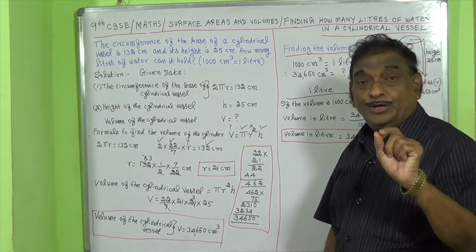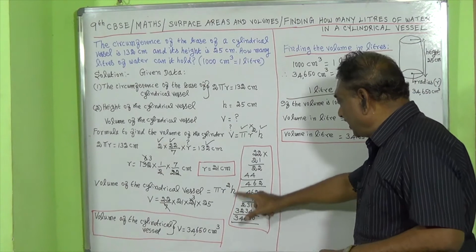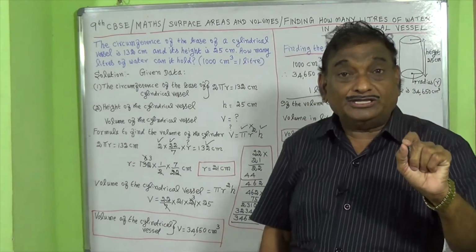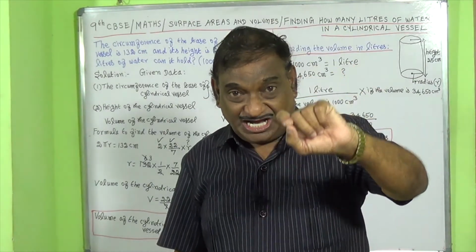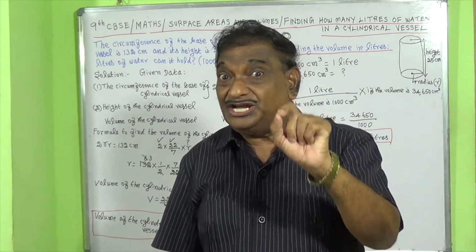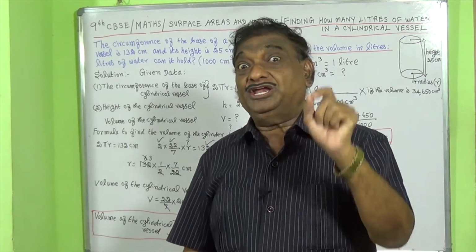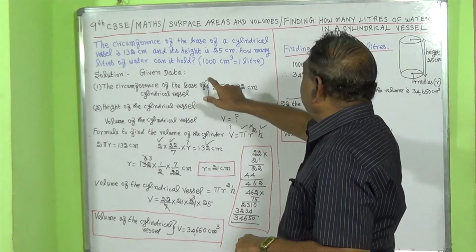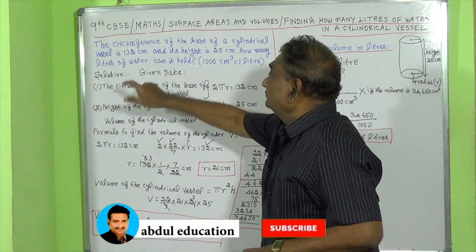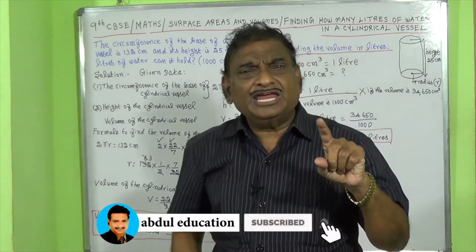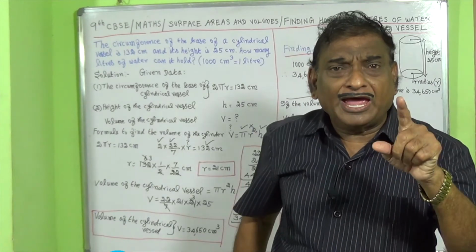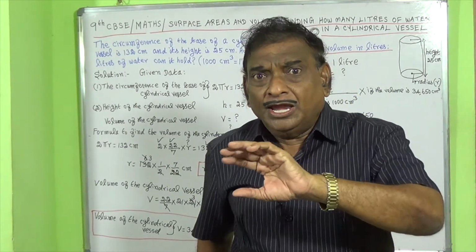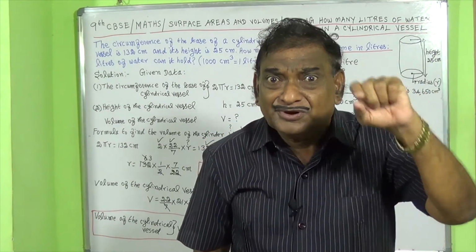You can also refer to the board for the calculation. So now we have got the volume of the cylindrical vessel in centimeter cube, but in the sum they have asked the volume in liters. Why are we selecting the formula for the volume of the cylindrical vessel? Why did we not select the curved surface area?